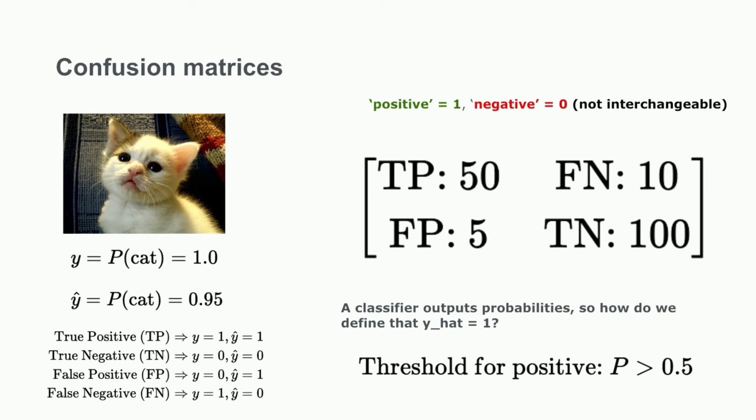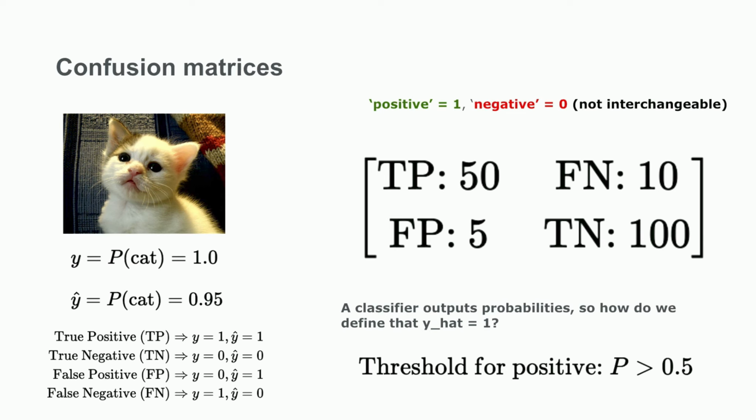We're going to have 165 test cases, 165 images of cats and non-cats, and we're going to have 50 true positives, 50 real cats being correctly identified, 100 true negatives. This means 100 non-cats saying that they are non-cats, 100 images of dogs, for example, where we label them as non-cats.